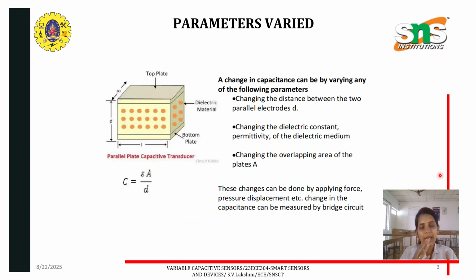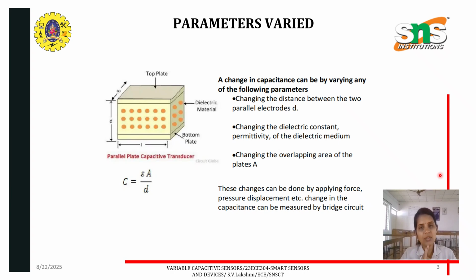So what are the parameters varied in a capacitive effect? First is the distance between the two parallel electrodes, that is D. Second is the dielectric constant, the permittivity of the dielectric material, and then the overlapping area of the plates.